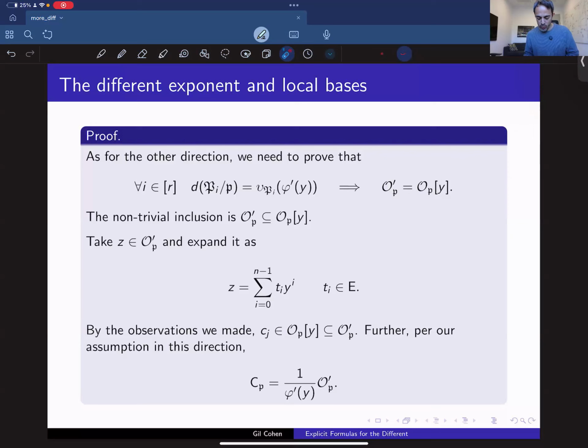Now, by the observation we made, we know that all the CJs are in OPY, that was from before, which is always in O prime P. Z is in OP prime, CJ is in OP prime, so Z times CJ is in OP prime. And just recall that this is our assumption: I'm assuming that the complementary module is this thing.